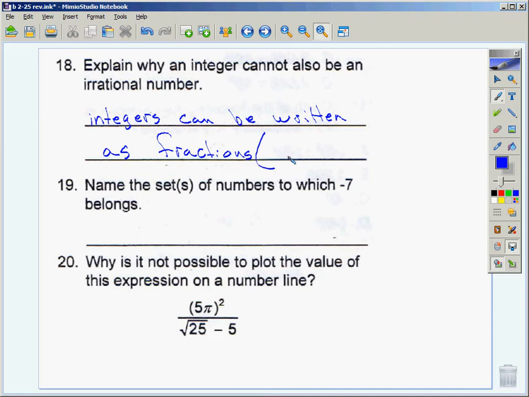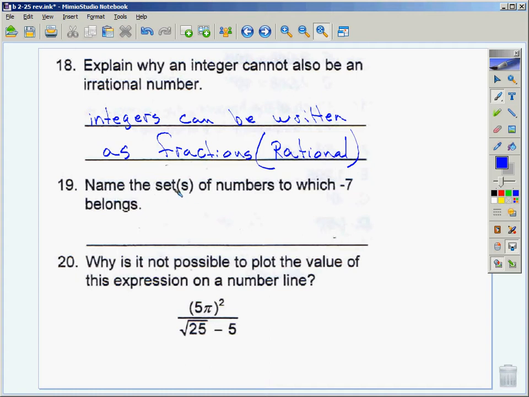If it can be written as a fraction, what is it called? It's called rational. And something can't be both rational and irrational. It's not possible. How do I write an integer as a fraction? Put it over 1.